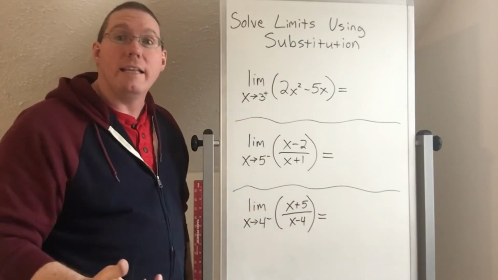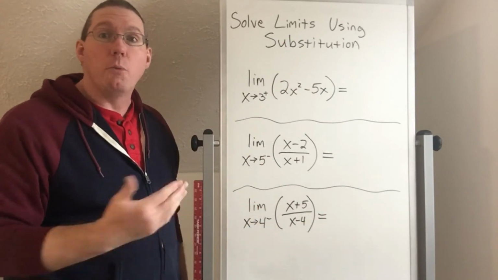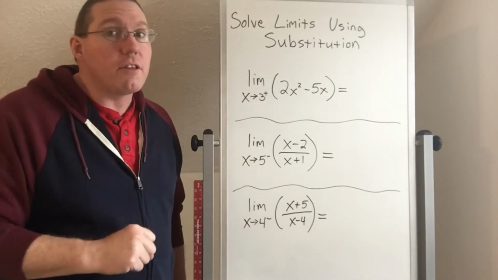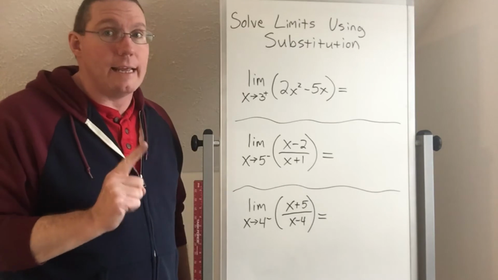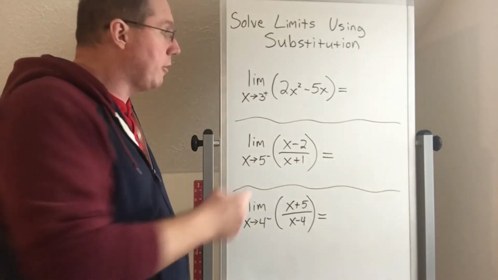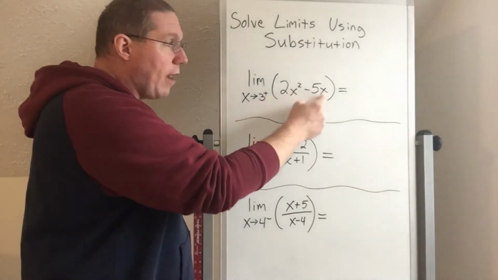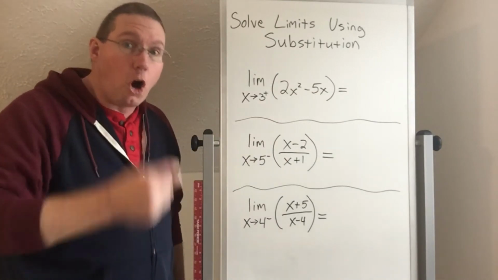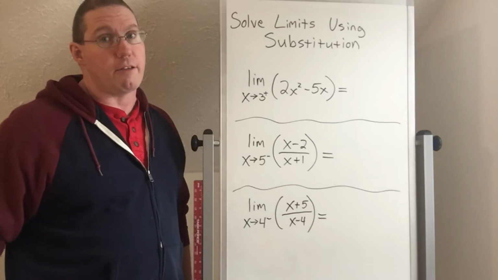And you might say, well, why didn't we do that from the first place? Mr. Ryan, why are you making this so complicated? Because most of the situations in calculus are not that easy. In most situations in calculus, when you plug this number in for x, you don't get a number, okay? But you always have to start with plugging in before you try something else.